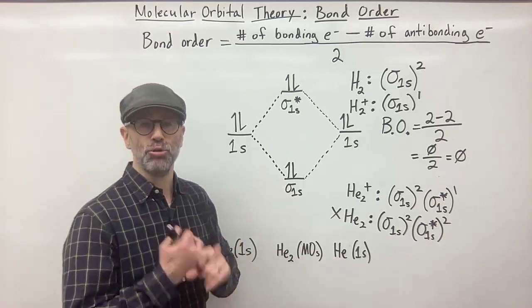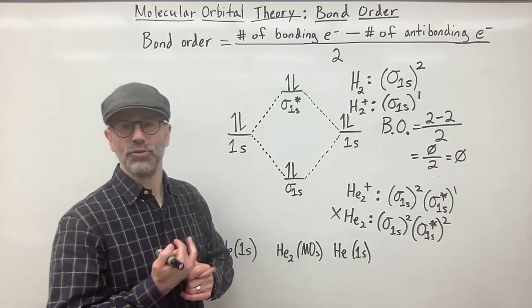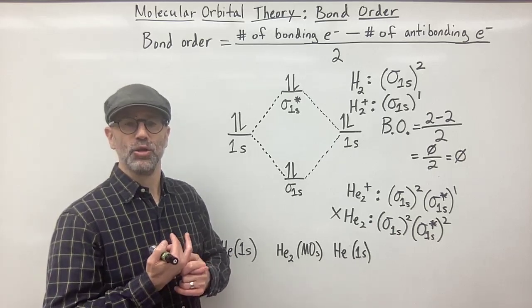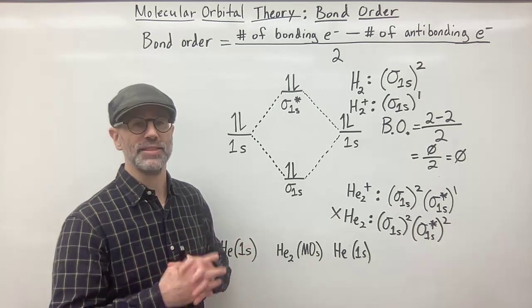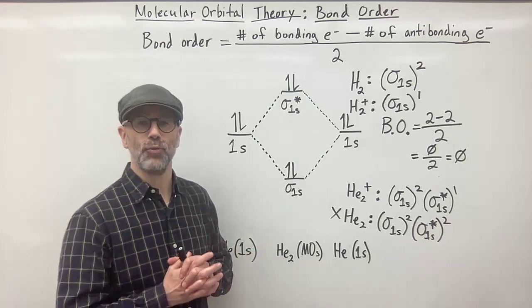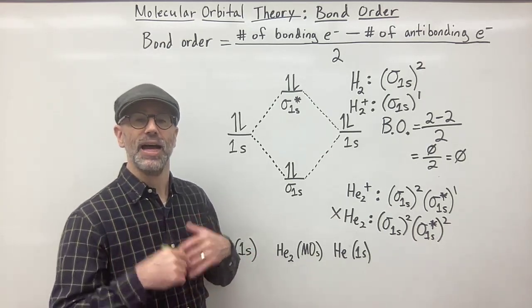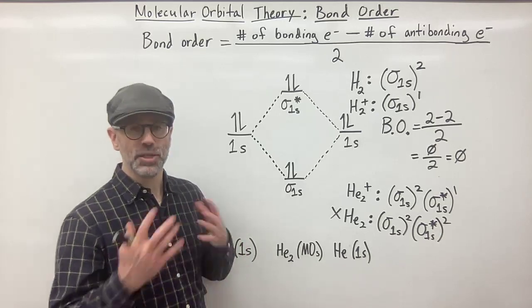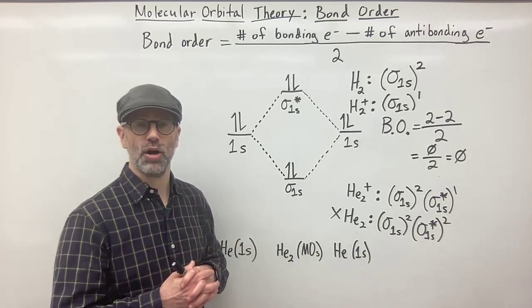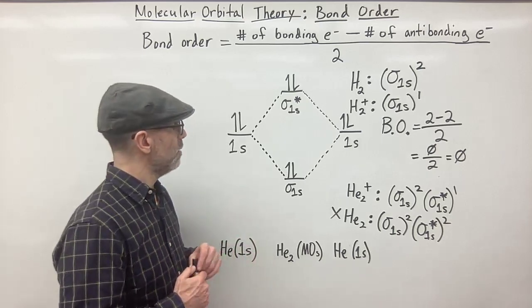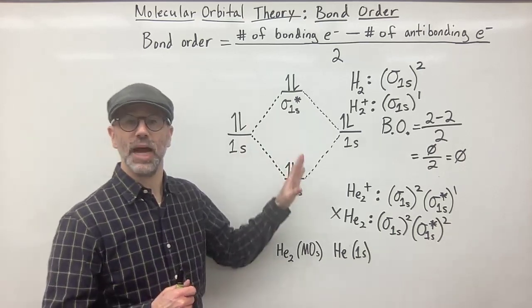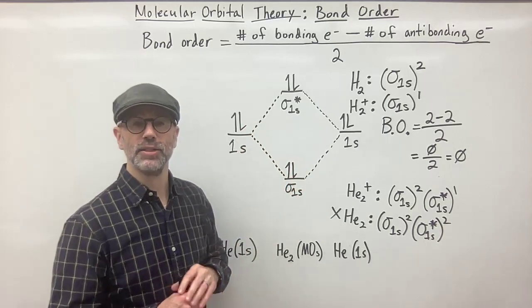When you draw your Lewis dot structure, you almost always have lone pairs. You always have an even number of electrons. Not always. There are things called radicals that have an odd number of electrons, and sometimes you run into those in your Lewis dot structure. But most of the time, they're an even number of electrons.